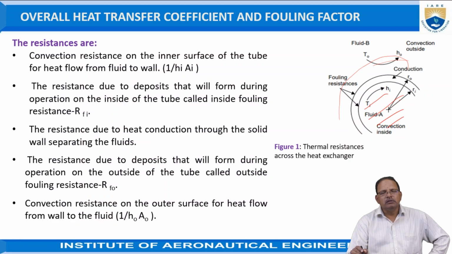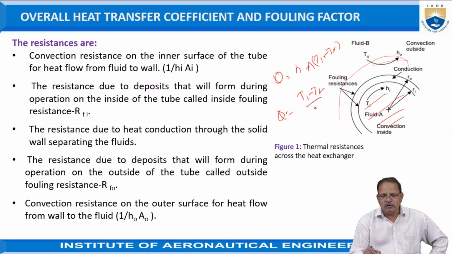The equation is Q equal to h into A into T1 minus T2. This can be written as T1 minus T2 divided by 1 by hA. This 1 by hA is treated as the convection resistance offered at the inner surface of the tube.